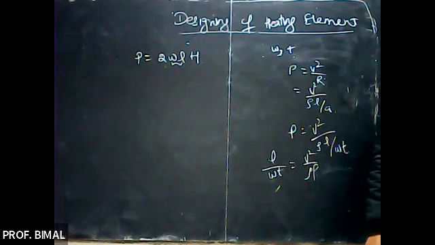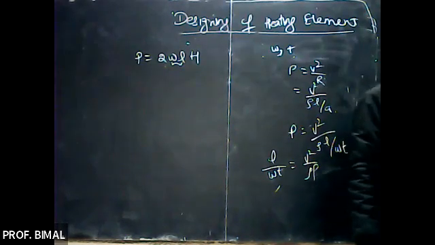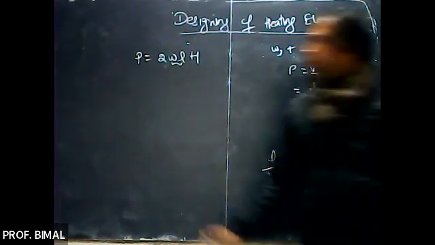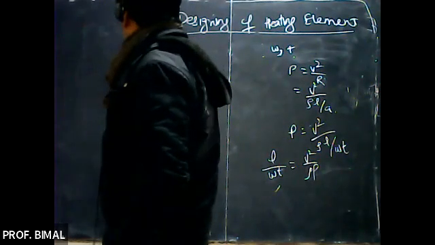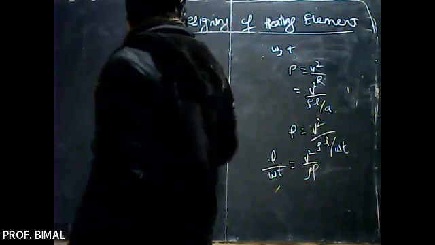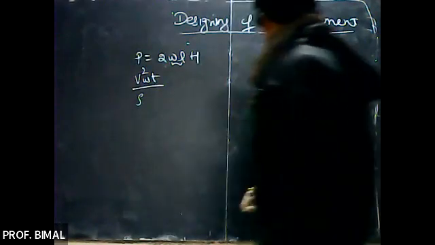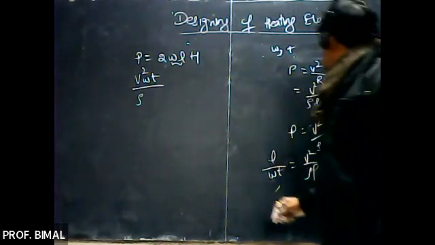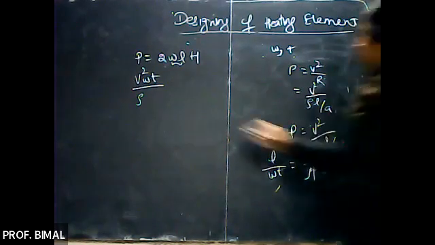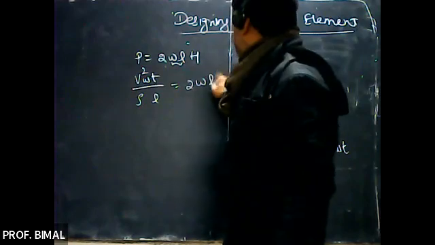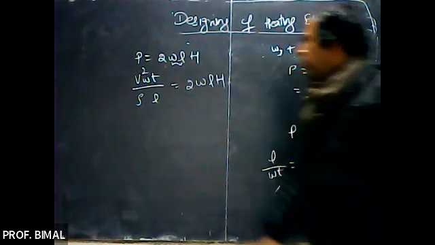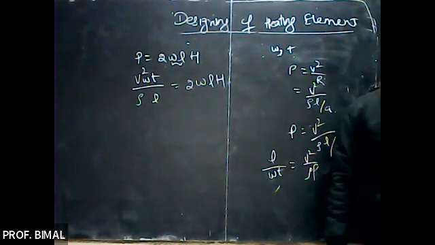So here we substitute the value of P. P is equal to V square WT upon rho L, which is equal to 2WL into H, right?